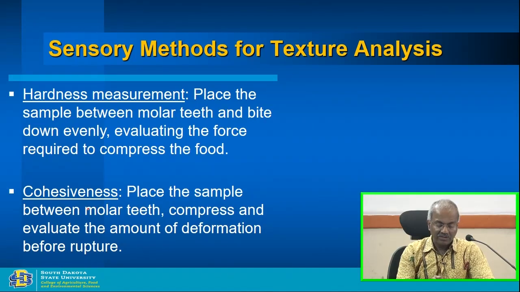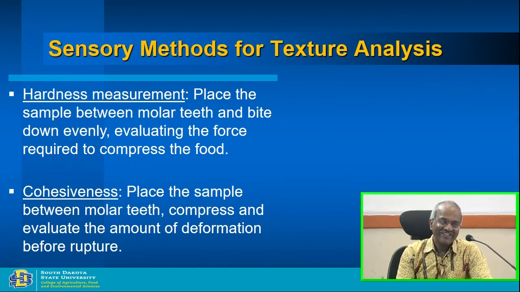Cohesiveness: place the sample between the molar teeth, compress and evaluate the amount of deformation before rupture. Very hard to do, right? If you put it under molar teeth and then you are telling them to compress it, don't rupture it, and then tell me how much deformation went.